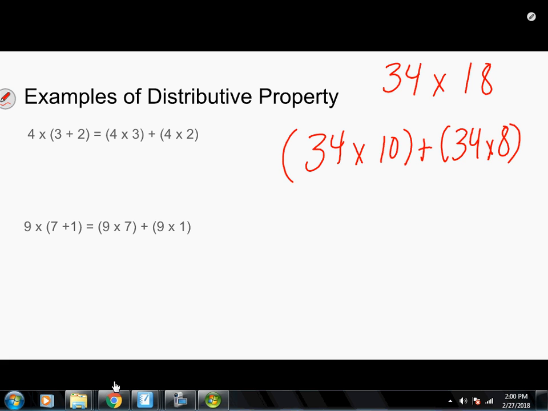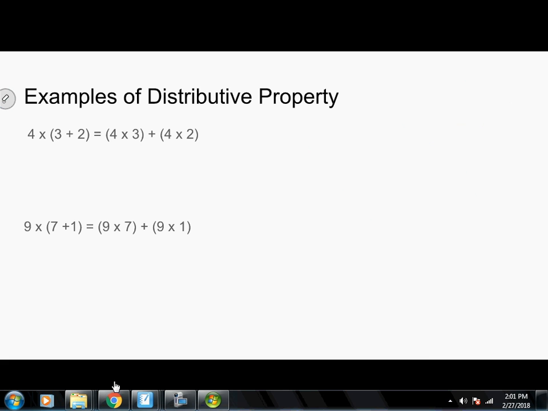It's even something you could almost do in your head. 34 times 10 would be 340. 34 times 8, we could go 34 times 8, 32, 24, 25, 26, 27, 272, and we could add those together to find our answer. That's the main reason for distributive property. So let's let you do some of those.